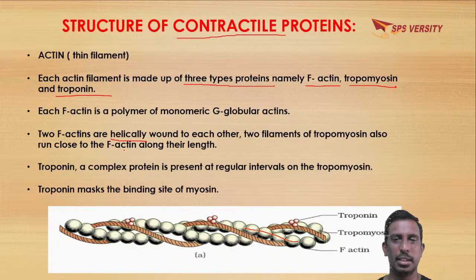And next is the tropomyosin. These thread-like structures are tropomyosin. And here and there are small spherical-shaped structures called troponin, which are present at irregular intervals and attach to the tropomyosin.